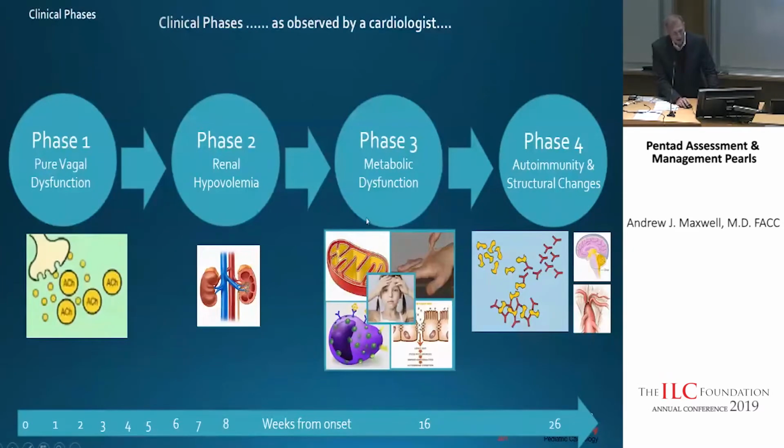And then finally, this phase 4, which is kind of a consequence of the metabolic dysfunction phase, which includes autoimmunity showing up and structural changes in the body showing up.